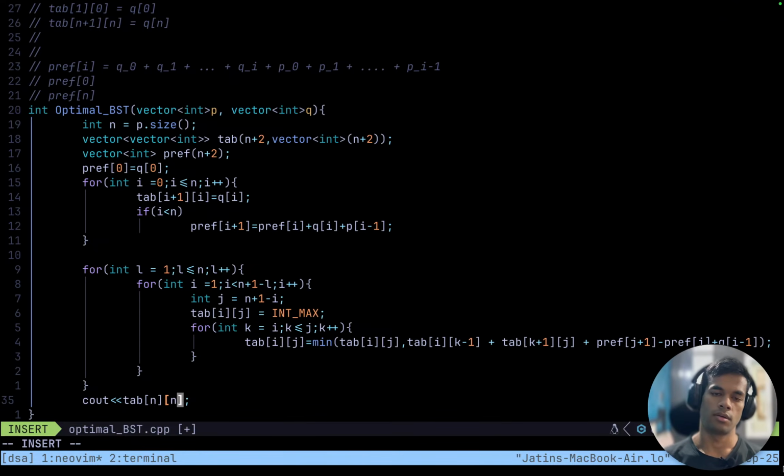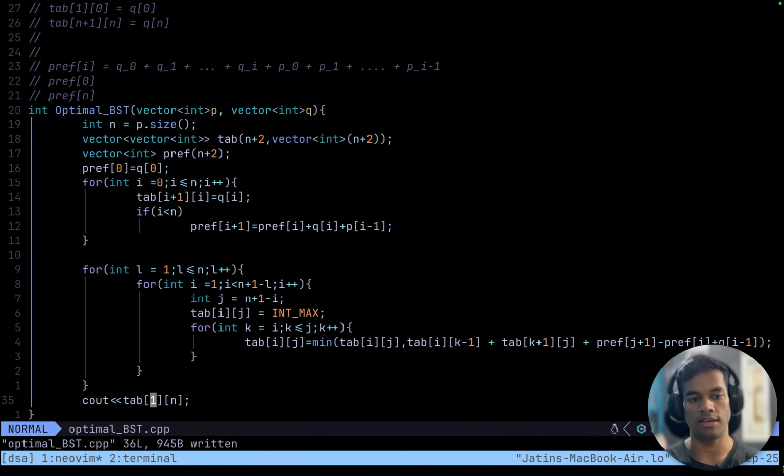N from 1, 1 is included and n is also included.